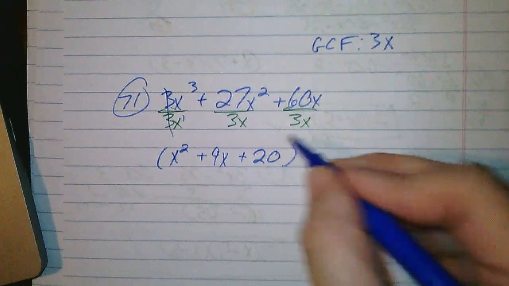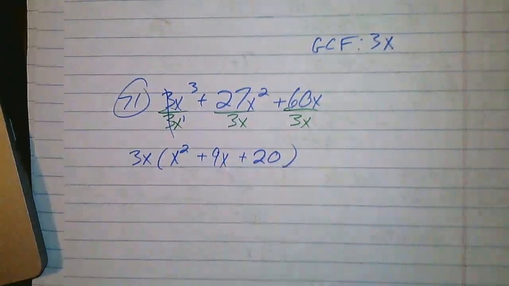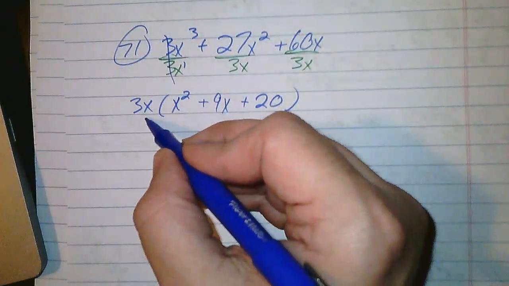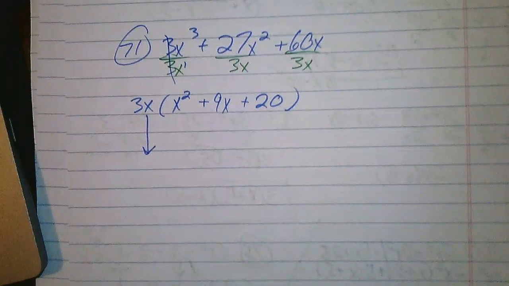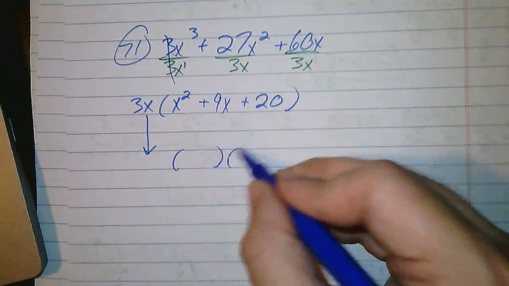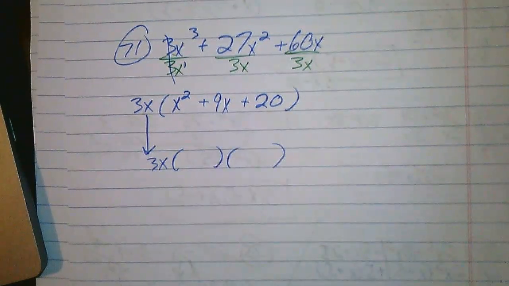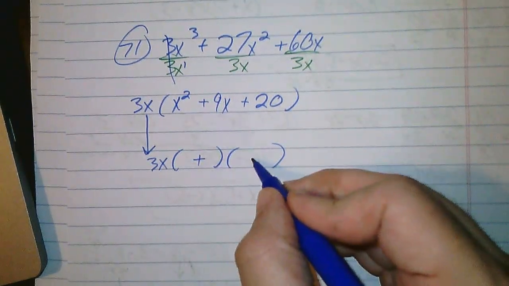So don't forget to put your GCF out front. I'll have to dock you a point if you don't have your GCF out front. So maybe draw an arrow so you don't forget it. And now here we're factoring this trinomial. And again, I've shown you a few different ways to do it.